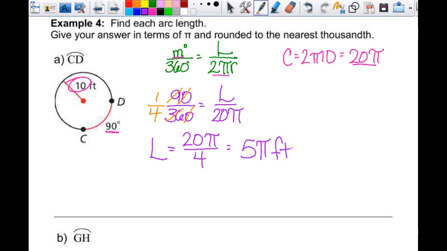Now I told you 3.14 goes in the trash can. And 3 is an even worse estimate, but it's a good way to get reasonableness of an answer, right? So if I know pi is a little bit more than 3, my decimal answer is going to be 5 times a little bit more than 3, which means shouldn't my decimal answer be a little bit more than 15, right?